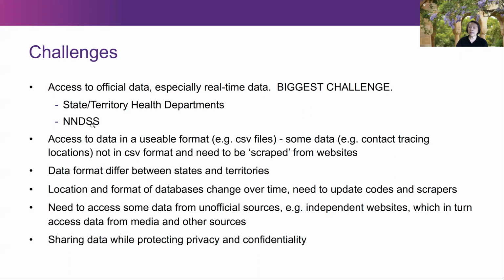So apart from what we already have, we could potentially make our information much more detailed if we had line list level data on age, sex, other demographics, ethnicity, etc. And that has taken more than a year now, and we have not been able to access any kind of confidential data from health departments. So we're working with various groups at a higher level to try and resolve this issue. And this issue is not unique to our project. It's an issue across nearly all projects related to COVID in Australia.